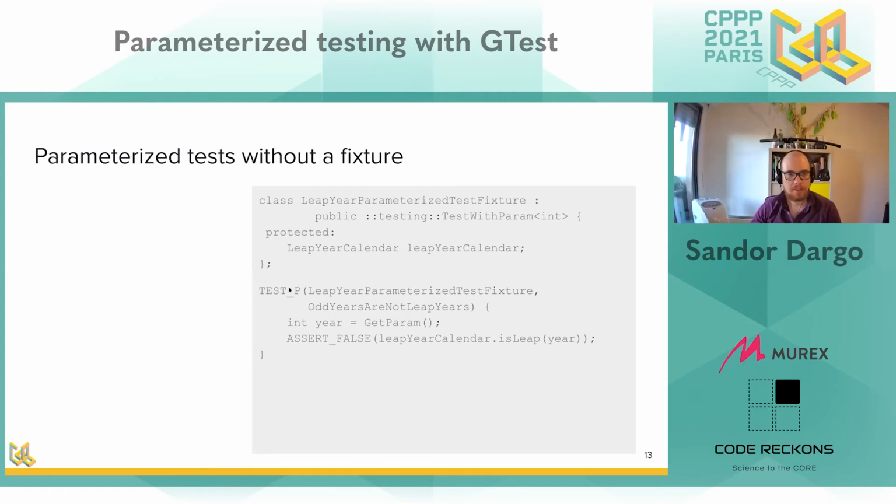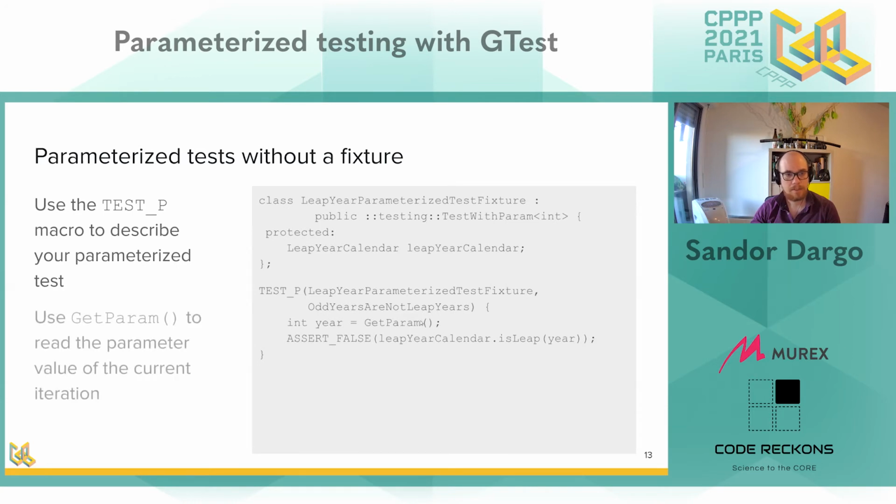So probably you noticed that before, the macro we used with GTest was simply TEST, or with the fixture it was TEST_F, standing for fixture. Here it's TEST_P, where P stands for parameterized. So we share our fixture name, we share also the name of this test case, and then we use this GetParam to get the value that you want to test with, okay?